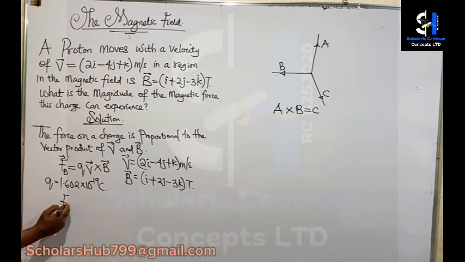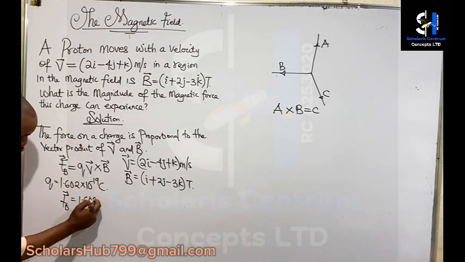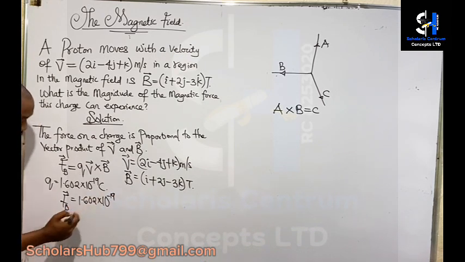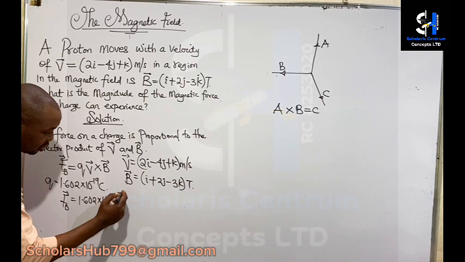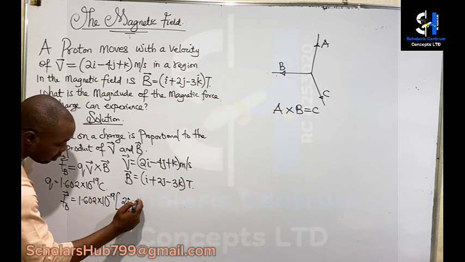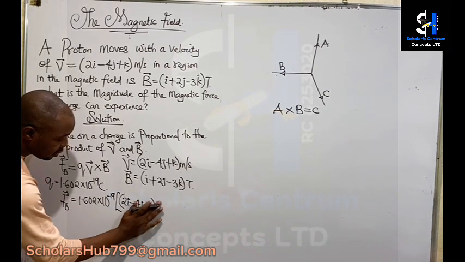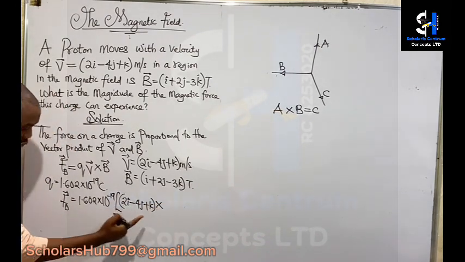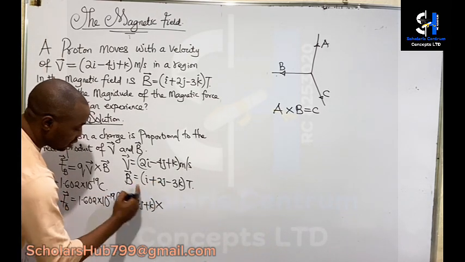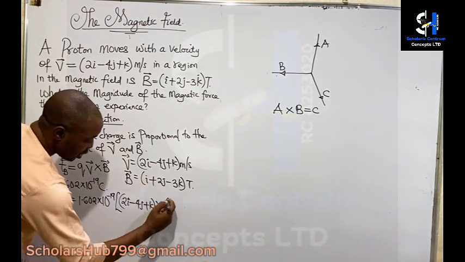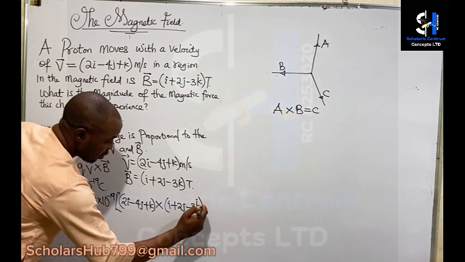So the magnetic force equals 1.602 times 10 raised to the power of negative 19, multiplied by V, which is 2i minus 4j plus k, cross product, I use the multiplication sign for the cross product or vector product, with B, which is i plus 2j minus 3k.